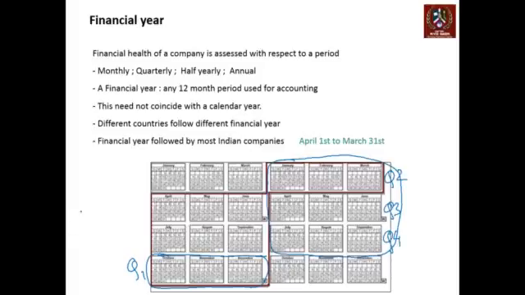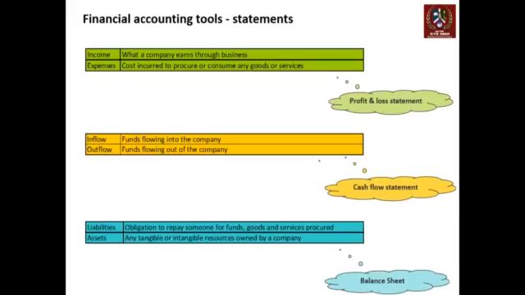Essentially, that's if a company is following an October to September accounting year, right? So that's how accounting years or financial years are kind of told. For our purpose, most of the times we'll find that in about 90% of the companies we'll see April 1st to March 31st as the financial year as we go along, right?